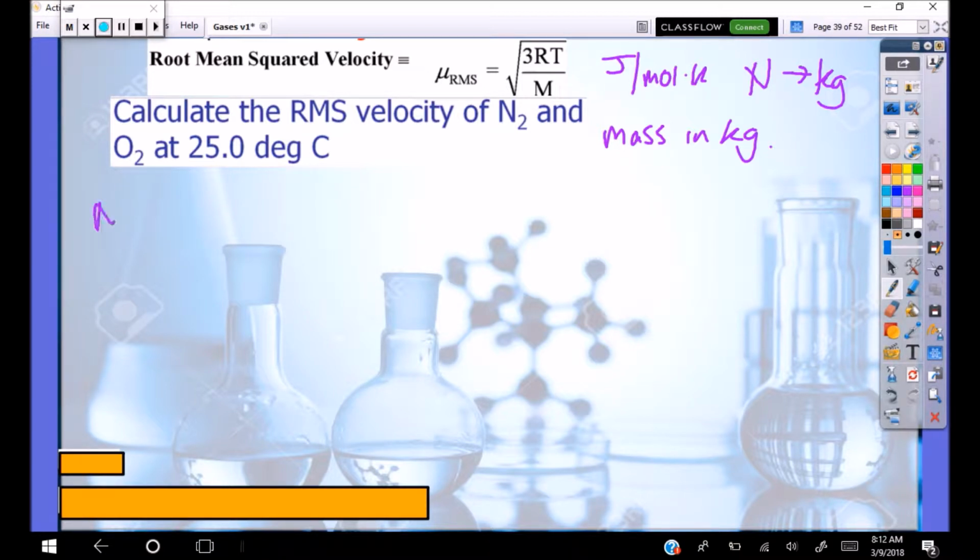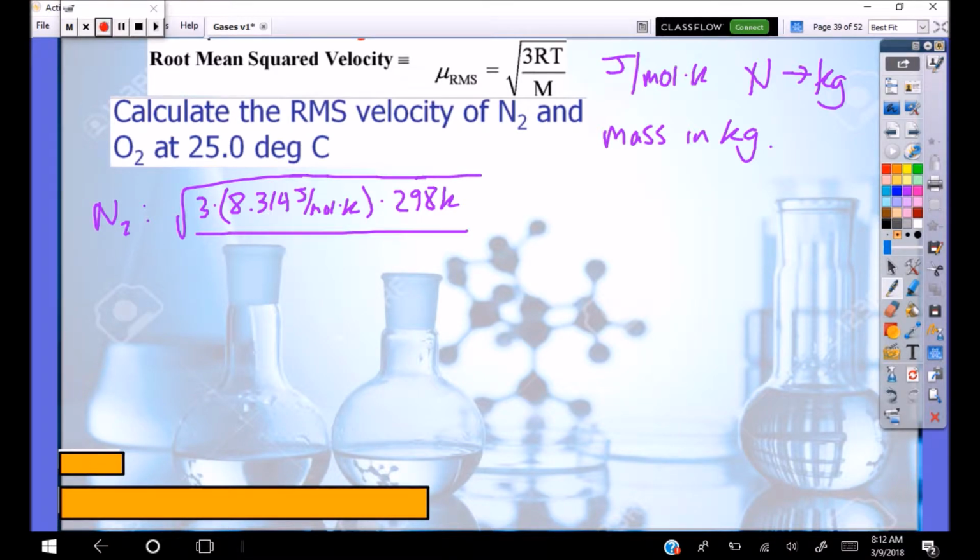So if we were to do N2, we've got the square root of 3 times 8.314 joules per mole Kelvin. Remember, your temperatures have to be converted to Kelvin, so temperature is 298 K. And then we divide by our mass of N2 in kilograms.